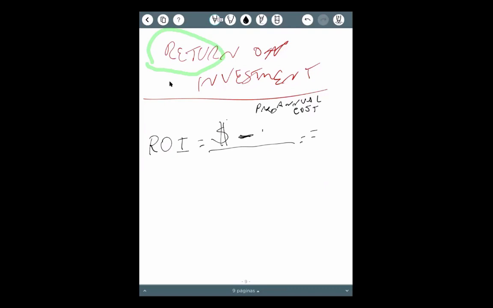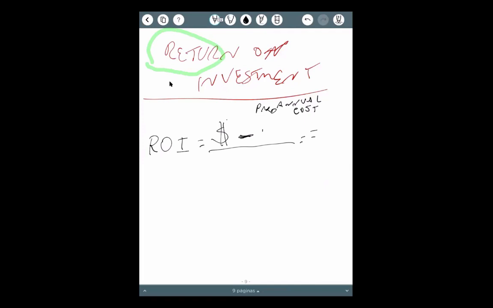What is the PMO annual cost? It includes people, it includes any other investment that will exist only because of the PMO. So if the PMO doesn't exist, I will not spend that money.